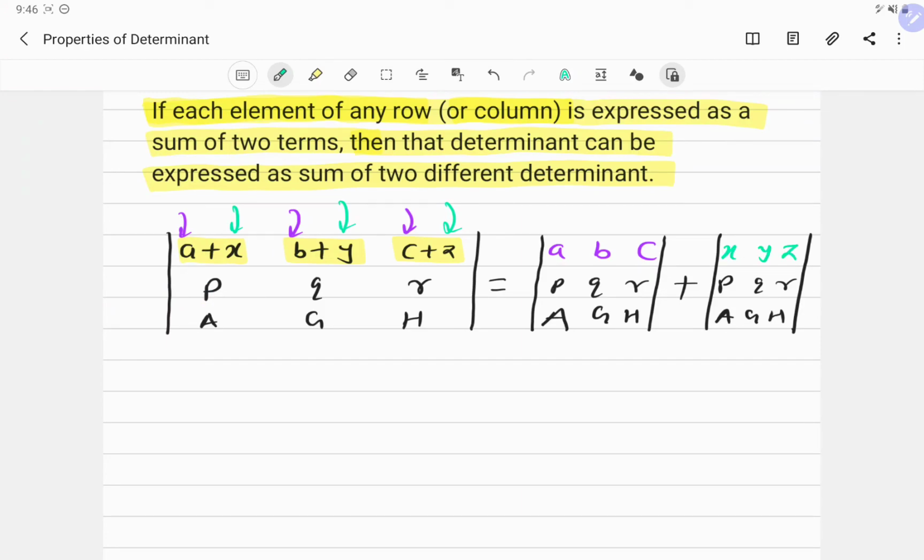So now what this property is telling us is, if any particular row or any particular column of a determinant is expressed as a sum of two elements, then you can split this kind of determinant into two parts, right? In the first part, make sure that you take all first elements, and in the second part you take all second elements, keeping the second row as it is, and even keeping the third row as it is.